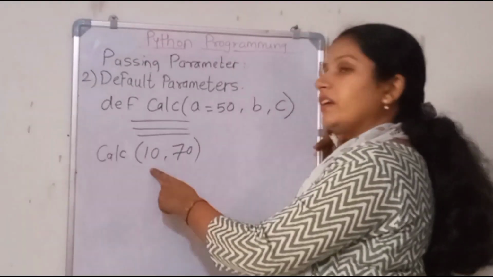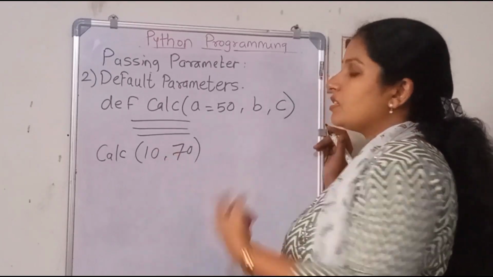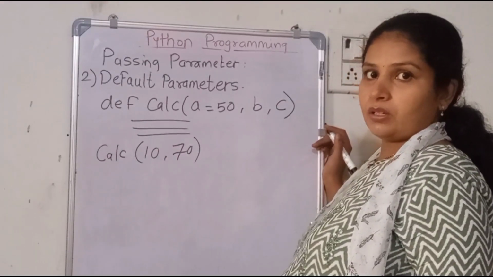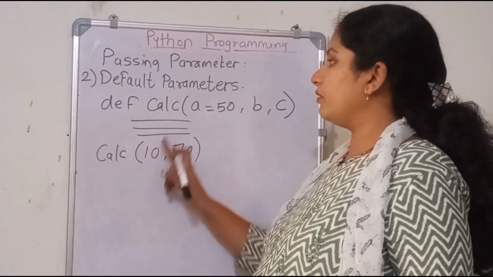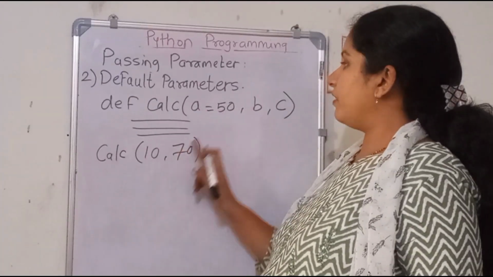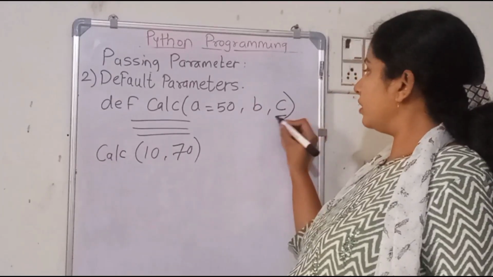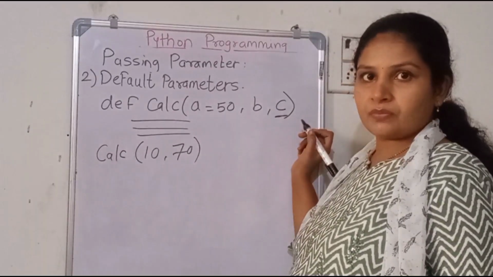Here you have provided two values but the sequence is not proper. Though you have provided the default value, 10 will be assigned to A, 70 to B, and for C we don't have any other value.